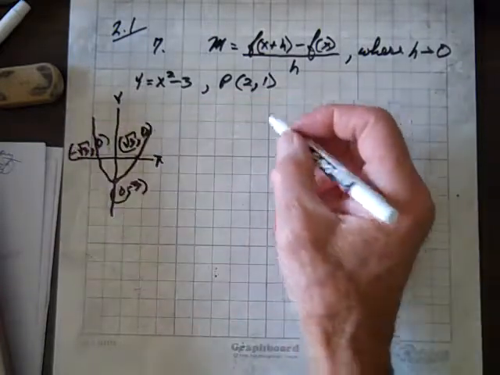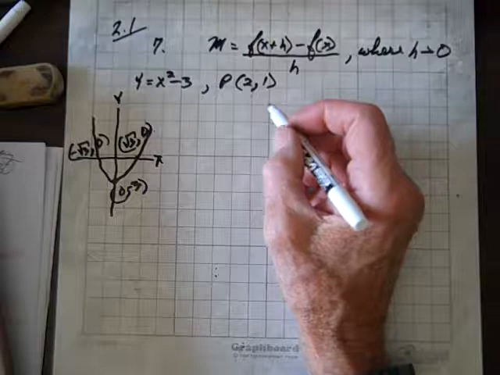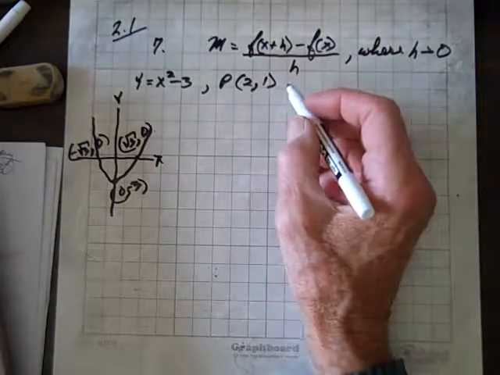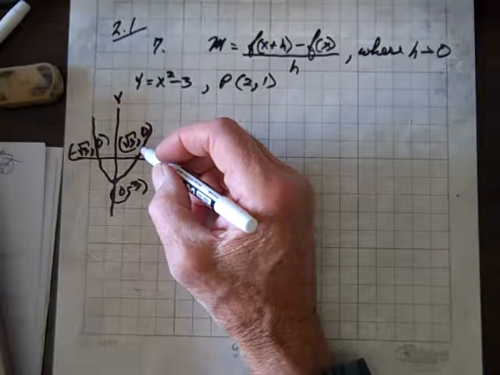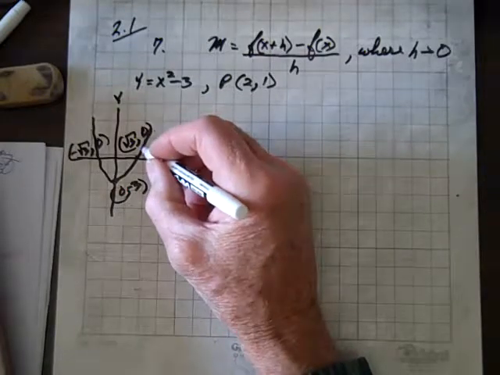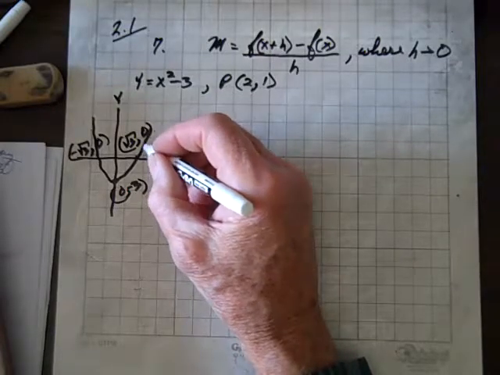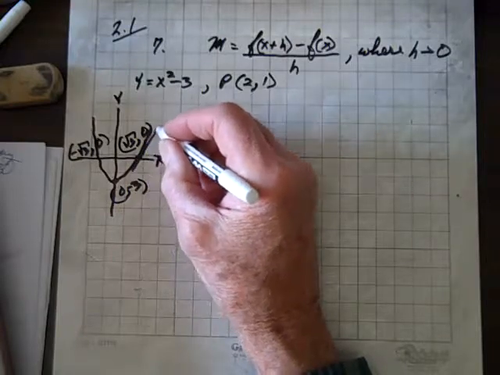Be that as it may, we've got to come up with the slope of the line at the point (2, 1). And so that's going to be about right there. We have to come up with the slope of that line.